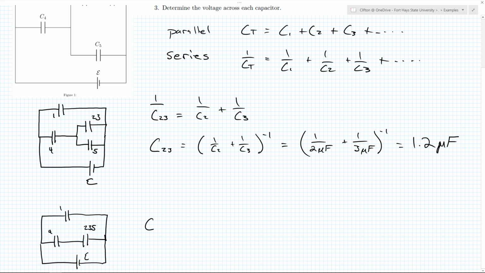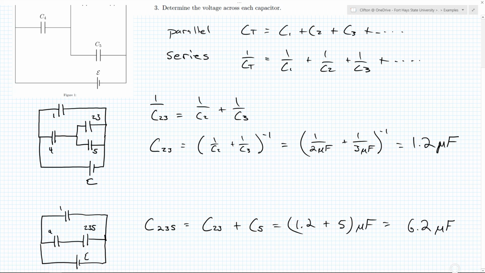So the capacitance of the effective capacitor 2, 3, and 5 is just the sum of the two capacitors that make that up. One of those capacitors is already an effective capacitor. So that's going to be 6.2 microfarad.